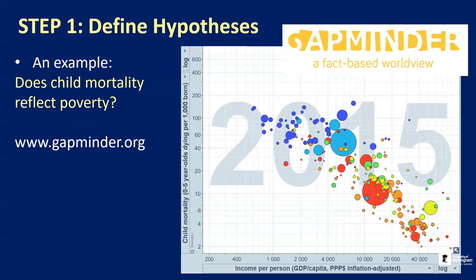So to look at a real example, let's forget about statins for the time being and think about child poverty, actually. Child mortality and poverty. The reason I've chosen this example is because it introduces you to a wonderful website which is designed and motivated by people who are really interested in the public understanding of statistics and data.